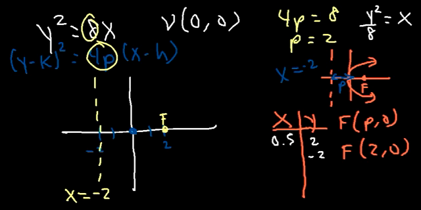If you plug in negative 2 for y, when you square it, it's still positive 4, so you're going to get the same x value. Let's try a bigger number, like plus or minus 4, because it's going to give us the same x value. If you plug in 4, 4 squared is 16, 16 divided by 8 is 2. The last point to plug in would be 8 for y. 8 squared is 64, and 64 divided by 8 is 8.